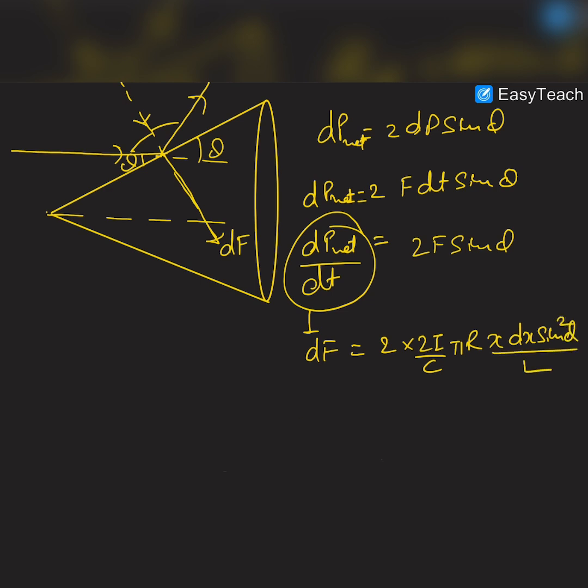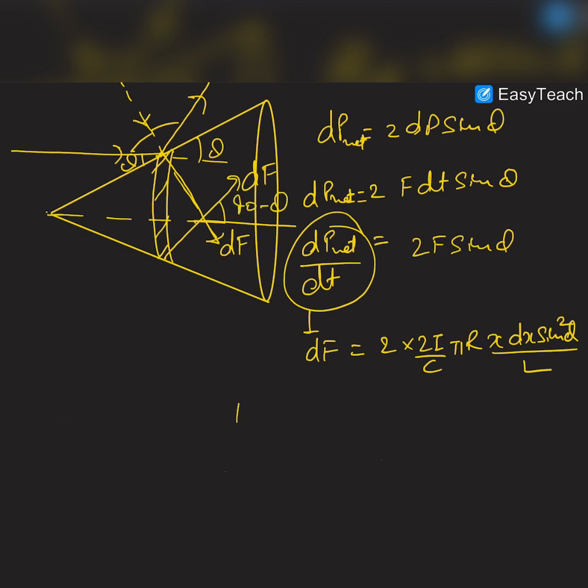Now we know that the force acting on this strip, the net force will be only the component, because dF is acting on the complete strip, and therefore these components will be cancelled out. This angle is 90 minus theta.